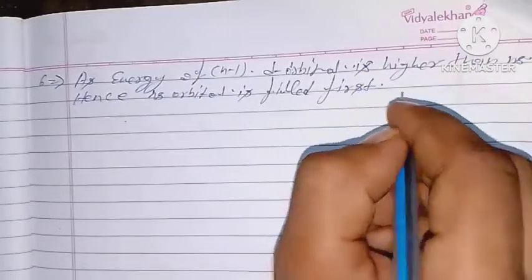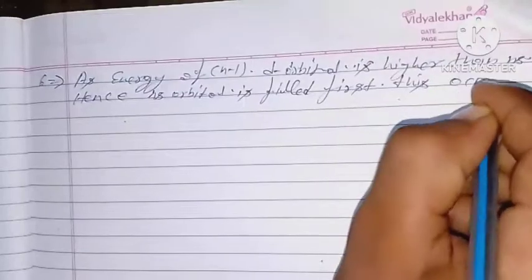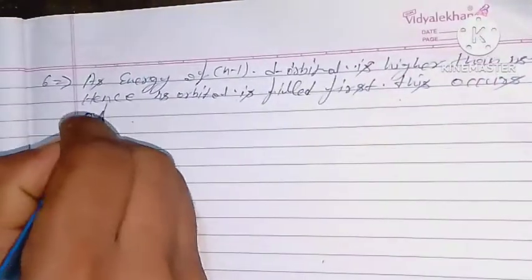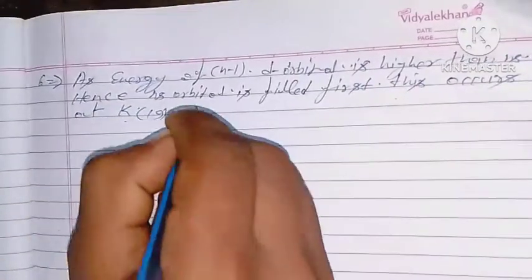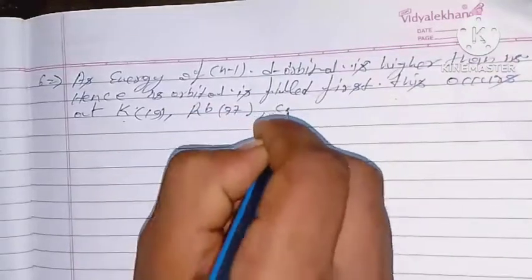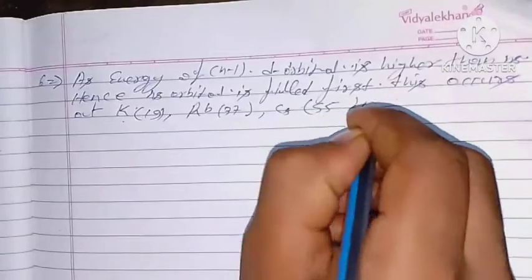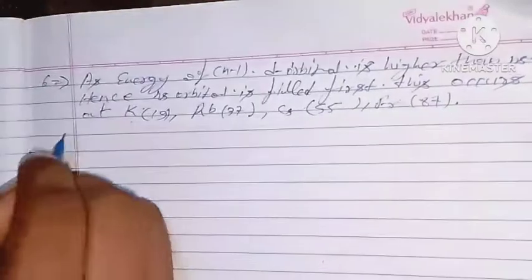This occurs at K 19, Rb 37, Cs 55, and Fr 87.